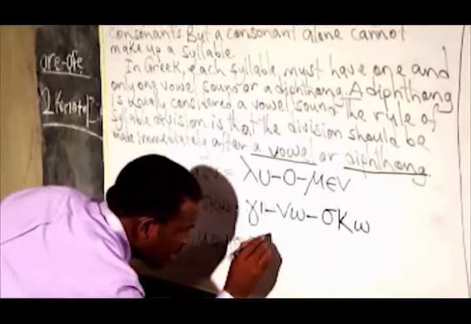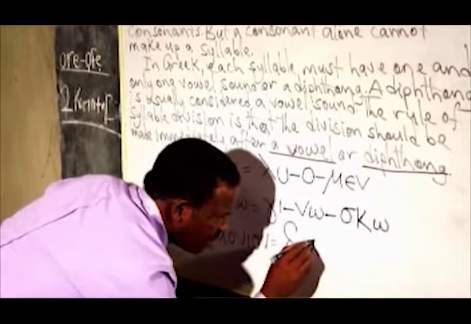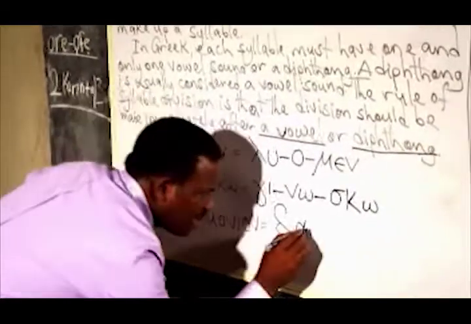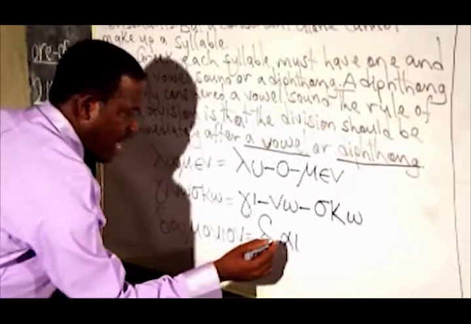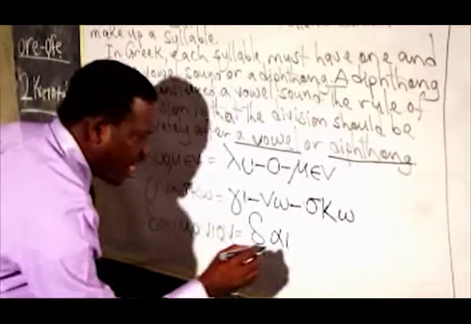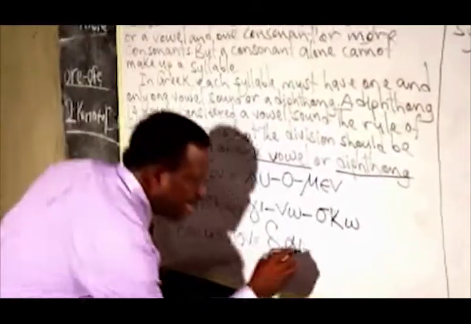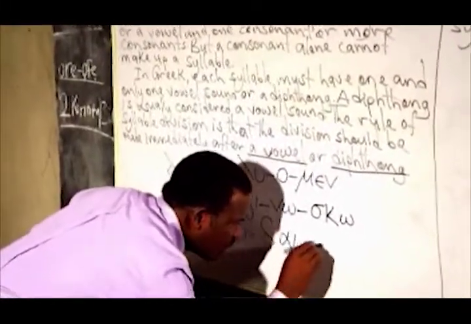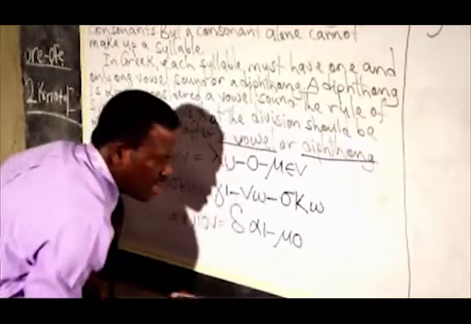The last word here is diphthong. We take the first consonant. The next letter is alpha. The next letter after alpha is iota. Now, alpha and iota form a diphthong, so we draw the line after a diphthong. So we have di. Then after that we have mu, followed by omicron, which is a vowel.